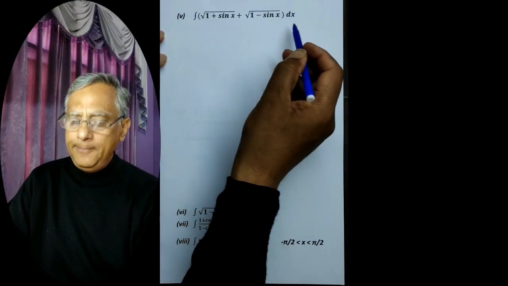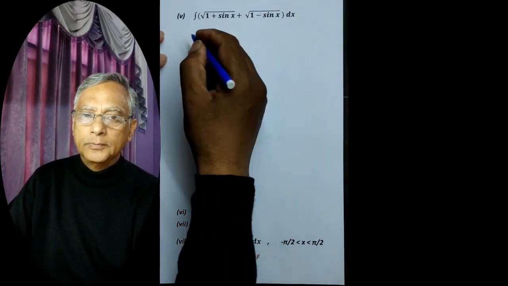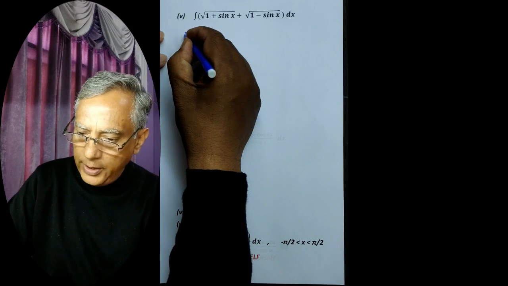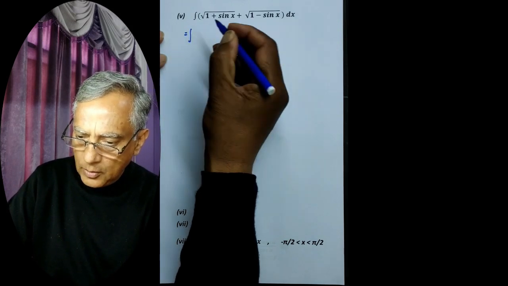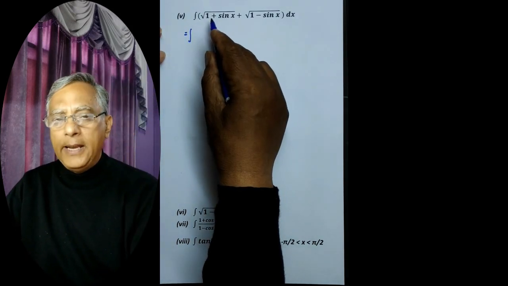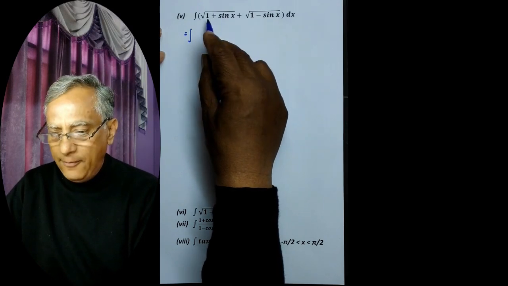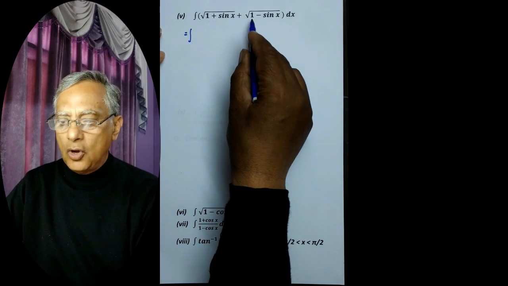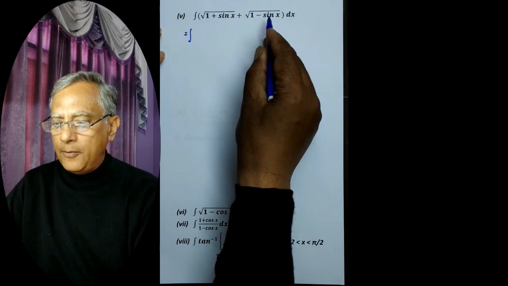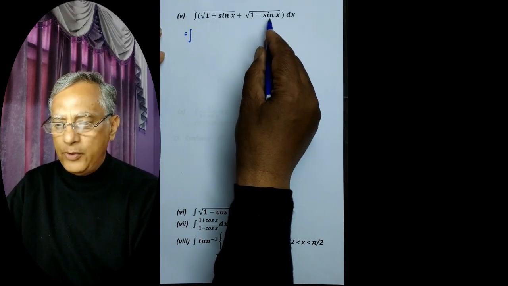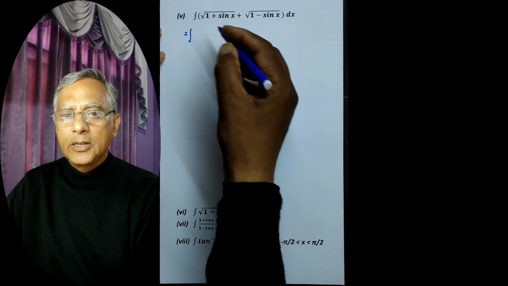Now next is this. Now what we do is, we do not have any formula for 1 plus sin x, but we have a formula for 1 plus cos x, and similarly we do not have a formula for 1 minus sin x, but we have a formula for 1 minus cos x.